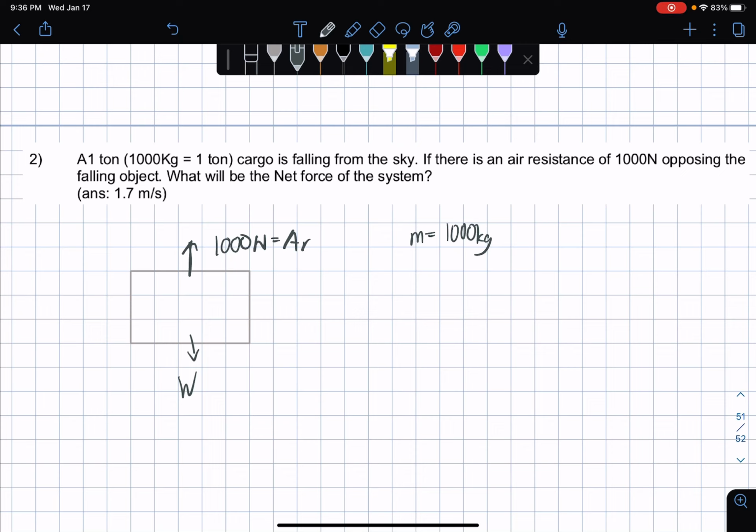Let's compute for the weight of the object. So W is equal to mg. We know the mass, which is 1000 kilograms, and the gravity is 9.8 meters per second squared. So the weight is 9,800. I told you it's a different value when it comes to weight.